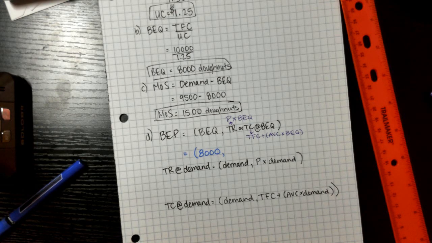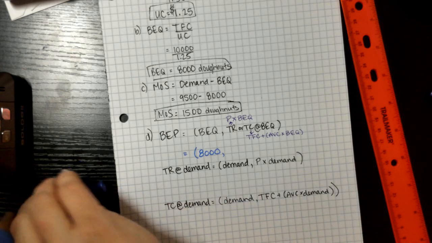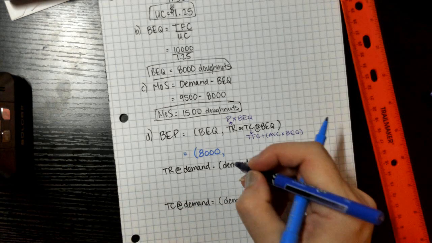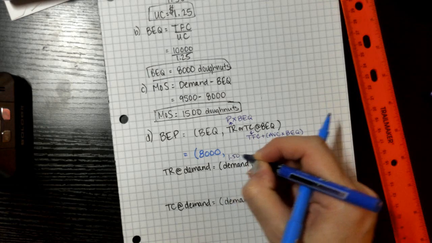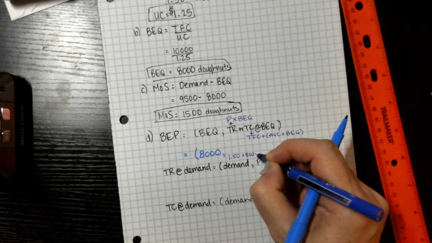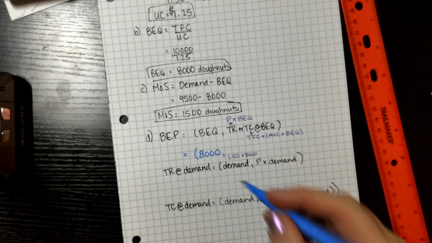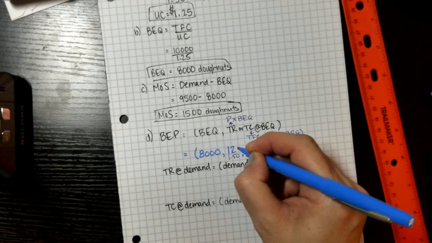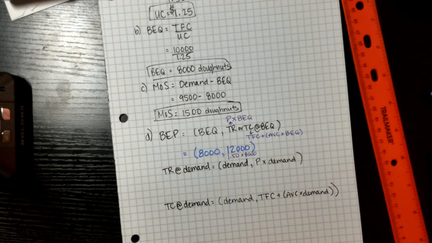I like to use the total revenue formula because it's easiest, 2 variables versus 3. I'm lazy when it comes to math. So the price was $1.50 times the quantity, 8,000, and that's going to get us 12,000 as our y-axis value.